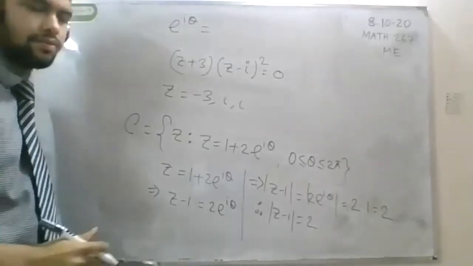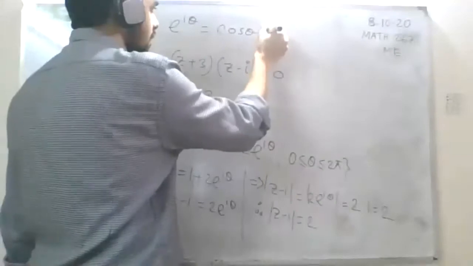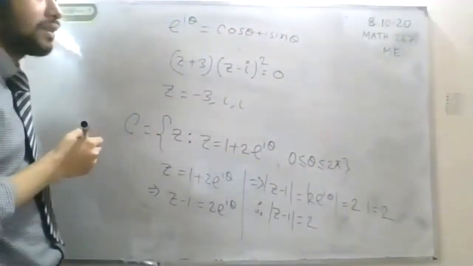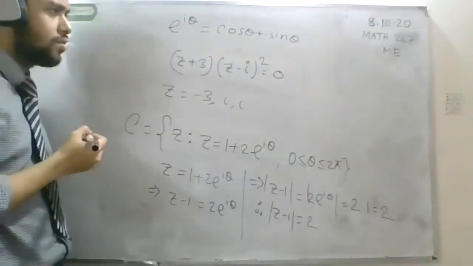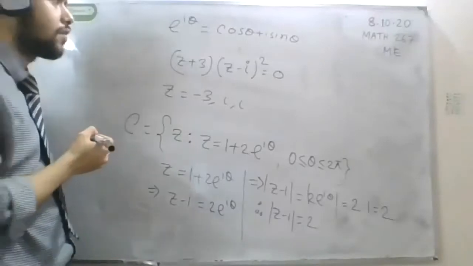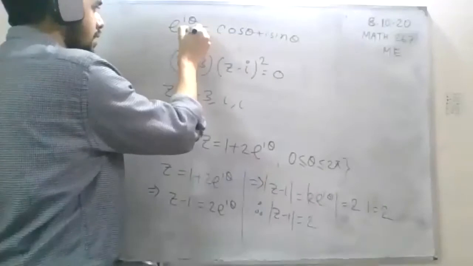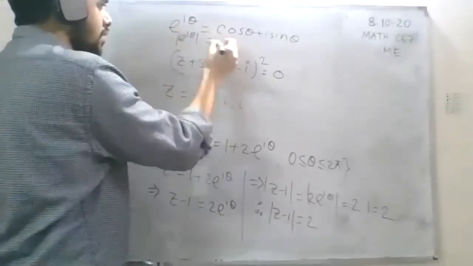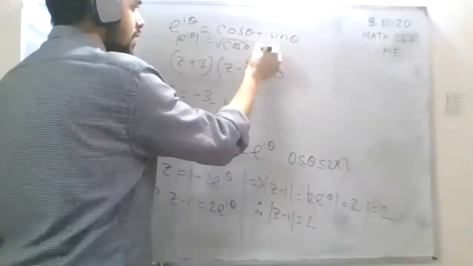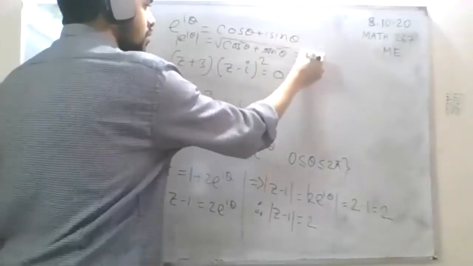Sir, cos theta plus i sin theta. That is cos theta plus i sin theta. If I take the modulus of it, what will be the answer? 1, sir. Because root of cos square plus sin square is root of 1. Yes, so if you take the modulus of e to the power i theta, it is cos square theta plus sin square theta, which means 1.